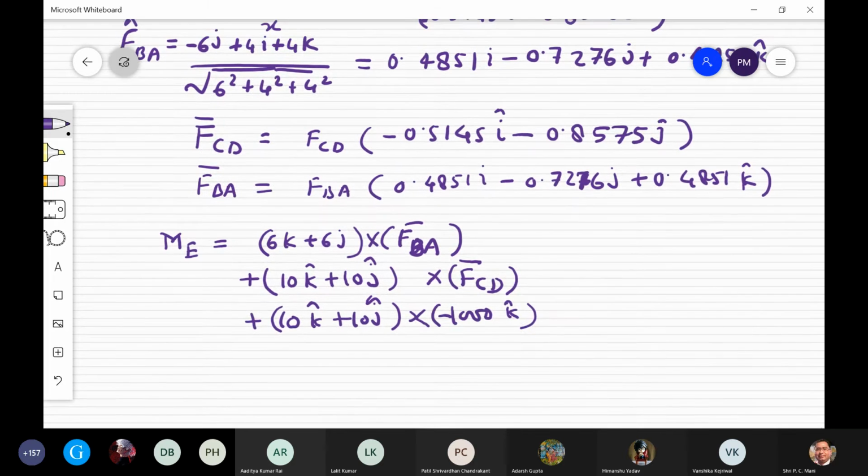Clear? ठीक है. So if you are going to solve this, you will get the result in terms of this value. Okay, clear. So in this way you can solve the question.